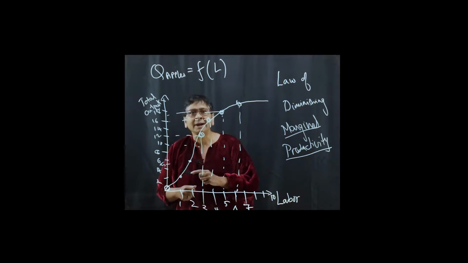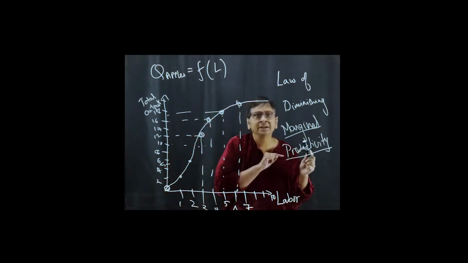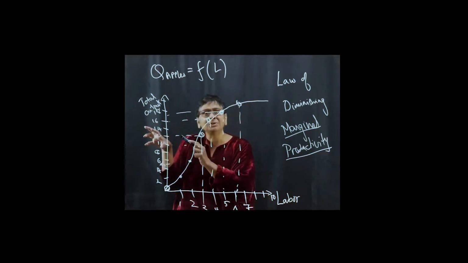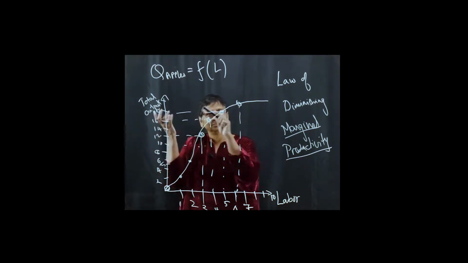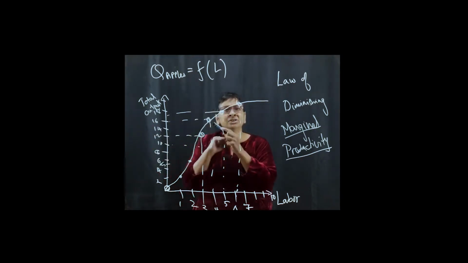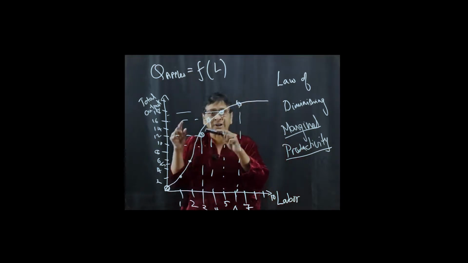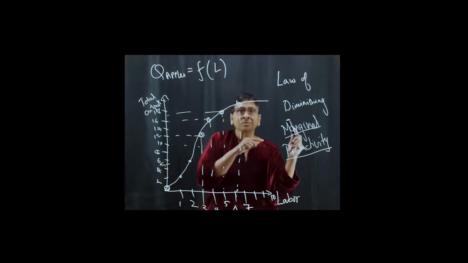But before that, I want to show you something very interesting, because just as we looked on the revenue side and we looked at total revenue, then we looked at average revenue and we looked at marginal revenue, I'm going to want to look at total, and then I want to look at average, and I want to look at marginal.